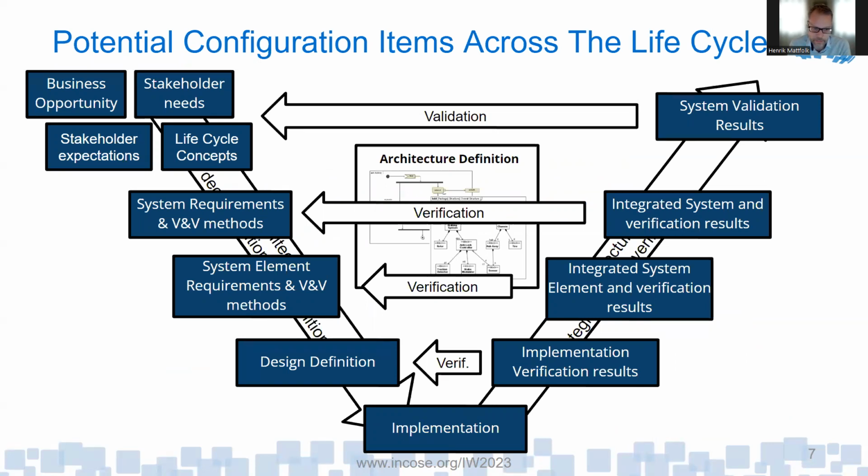But really, we're looking across the entire life cycle of the system, and having configuration items starting already in the business opportunity, stakeholder needs and expectations, the life cycle concepts, going down through requirements, architecture definitions, and the verification and validation activities on the right side of the V, and of course including the design definition at the bottom.